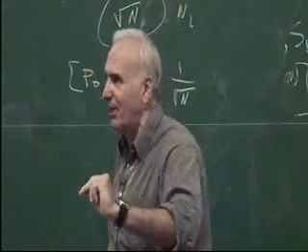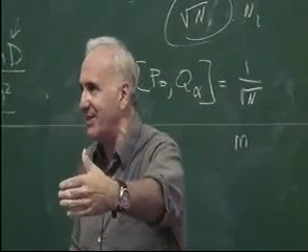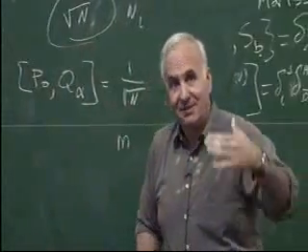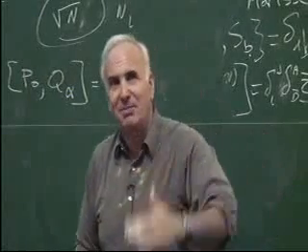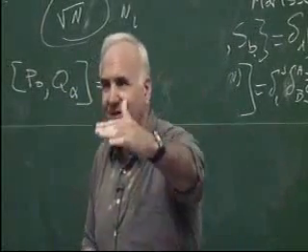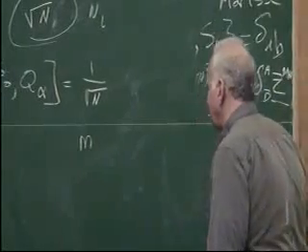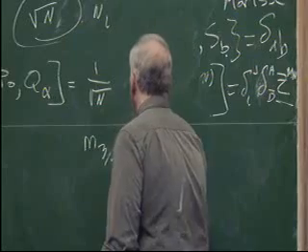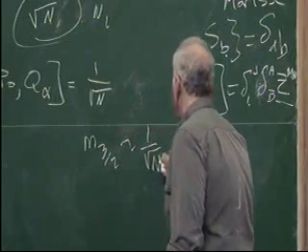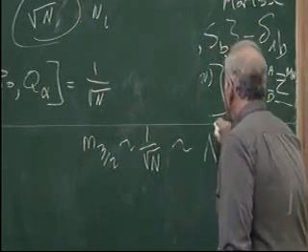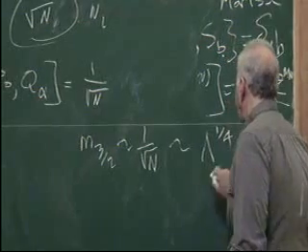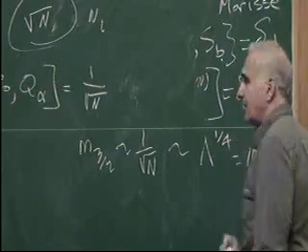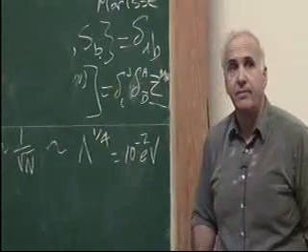The real supermultiplets in the theory with spontaneous breaking of supersymmetry are not the original multiplets, but the multiplets formed by the particle plus one gravitino. And so that says that m_3/2 should go like 1 over square root of n. In dimensionful units, that's lambda to the 1/4, which is 10 to the minus 2 electron volts.